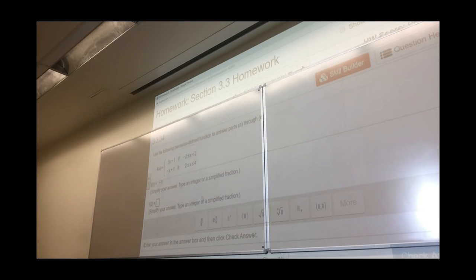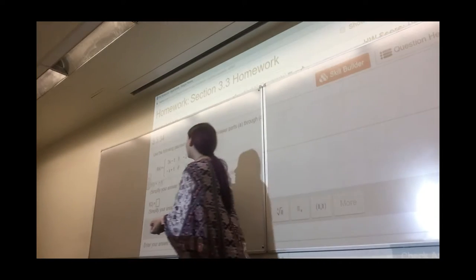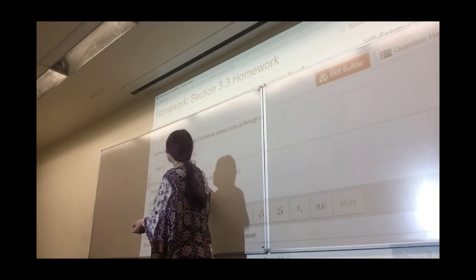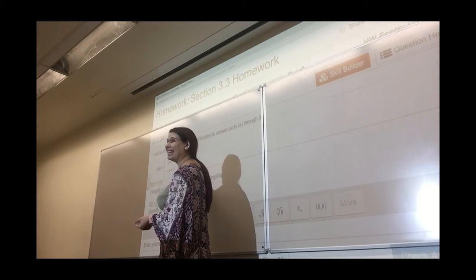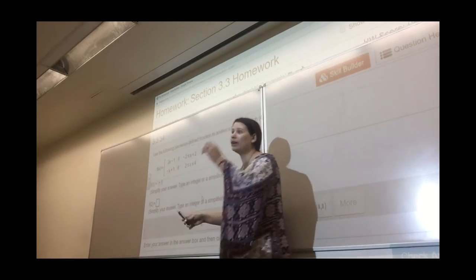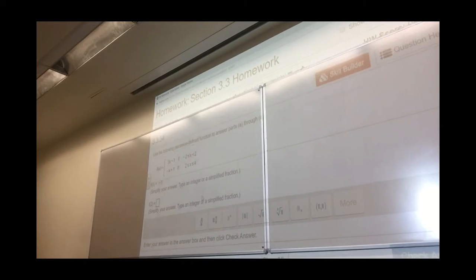And then where do we plug in 2? Only the bottom because it's or equal to in the bottom, right? The top is just less than. Okay? So what do we get in the bottom when we plug in 2? -1.